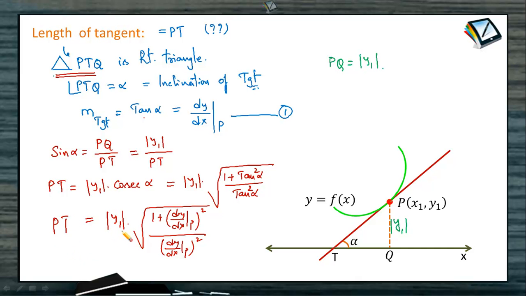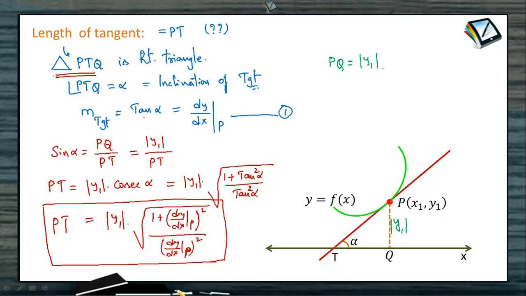It is modulus of y1, the y coordinate, times square root of 1 plus the derivative at the point P whole square by the derivative at the point P whole square. Then we are able to calculate the length of the tangent in terms of the ordinate and the derivative, right? Because you are using the derivative to find this length. That's why we treat this as an application of differentiation. The derivative would help us to find the length of the tangent at a given point.